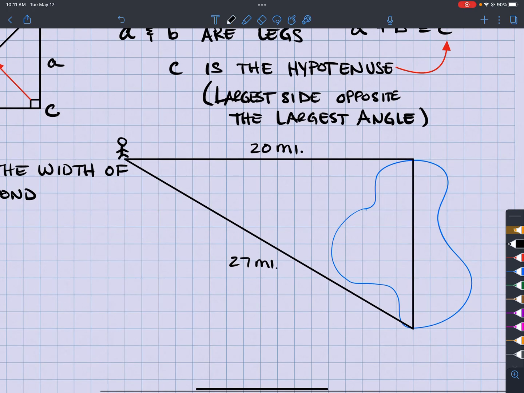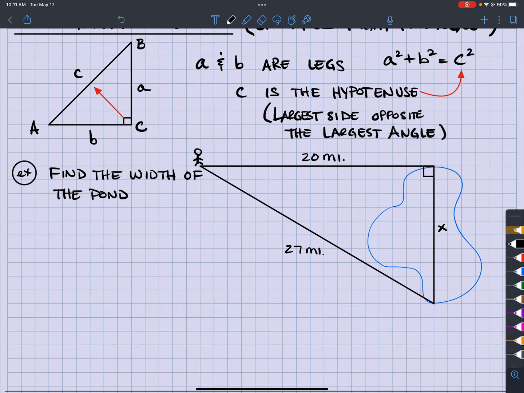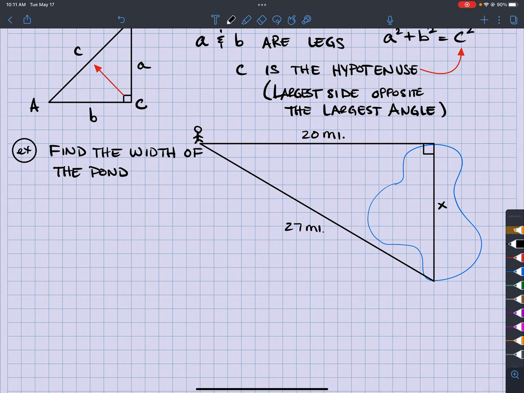So now what they want to know is how wide the lake is, right? You guys always talk about real life applications. Here it is. It is literally right here. And we know that that is a 90-degree angle. So we have a right triangle here.